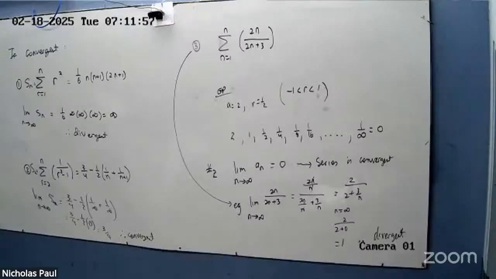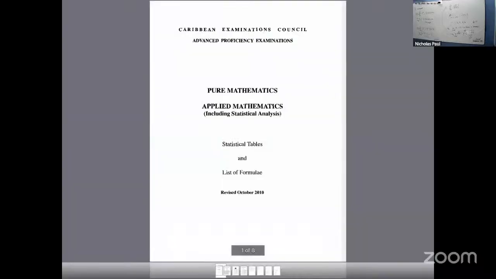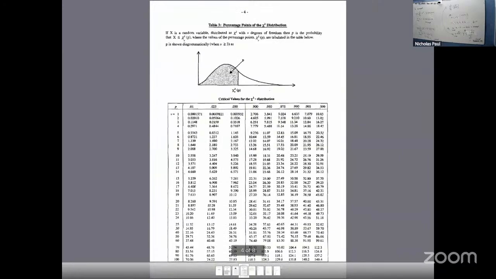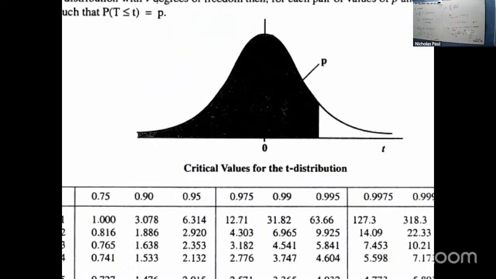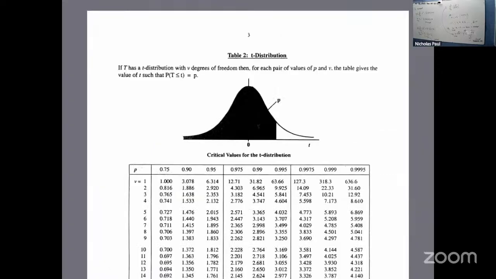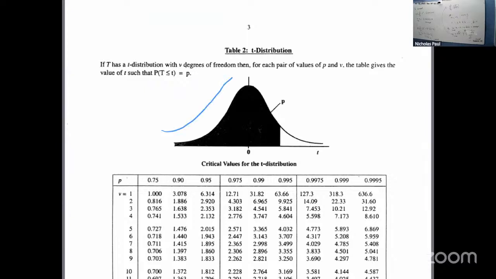All right, so let's talk about this t distribution. The t distribution pretty much is just like the normal distribution, but you'll recognize that the normal distribution is a little bit bigger, and it caters for a lot more values when your n values are a little bit smaller.